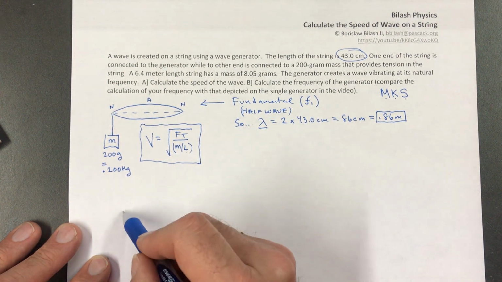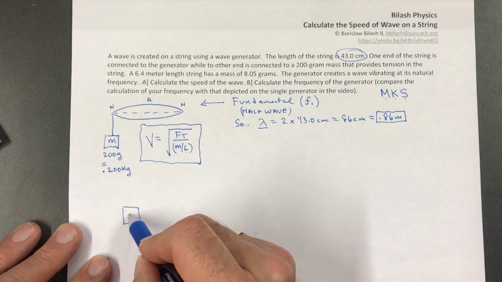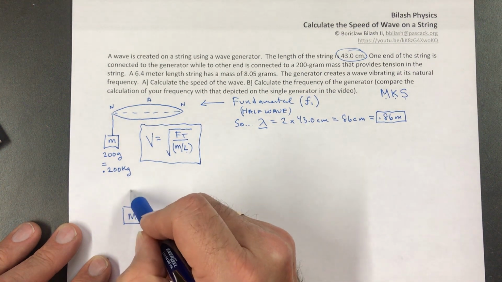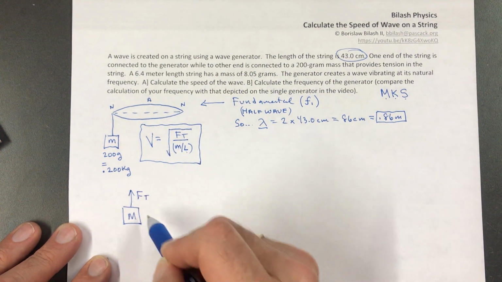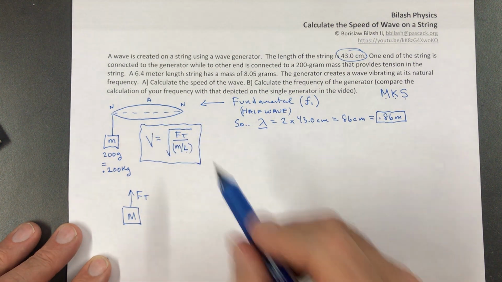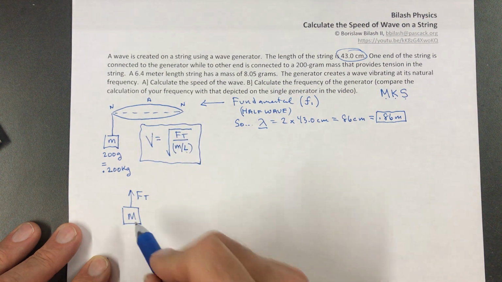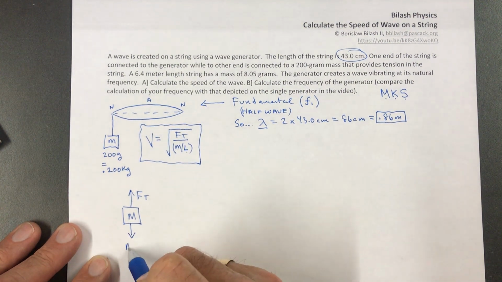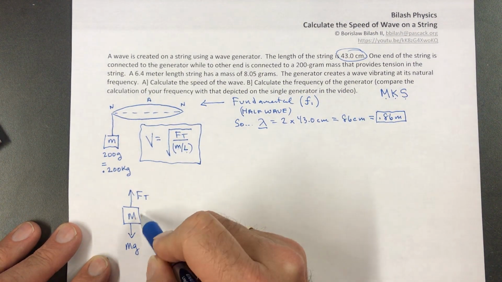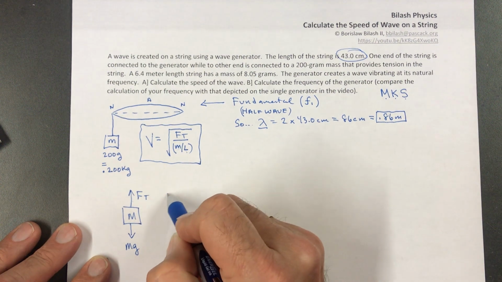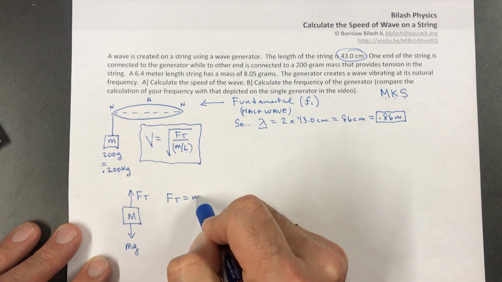So Ft is provided by the suspended mass. So Ft is the tension that's being pulled on the string, forming the wave between those two nodes. And we know gravity is providing that tension. So we know that this is stationary. So Ft is equal to the weight.